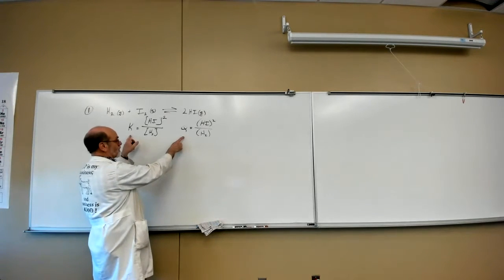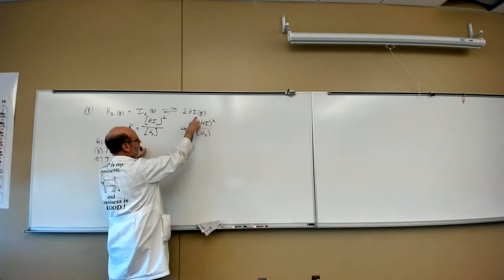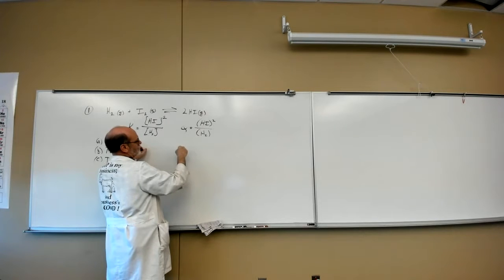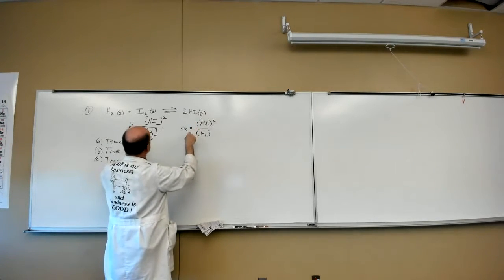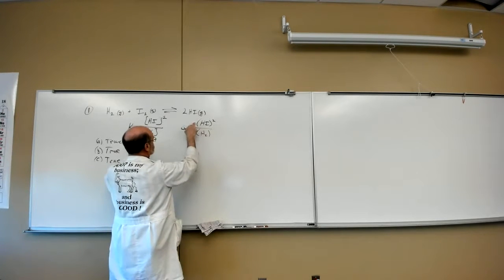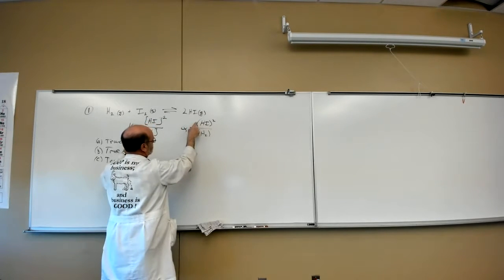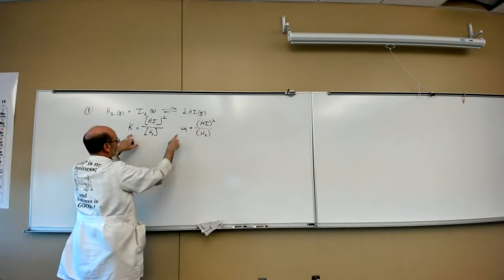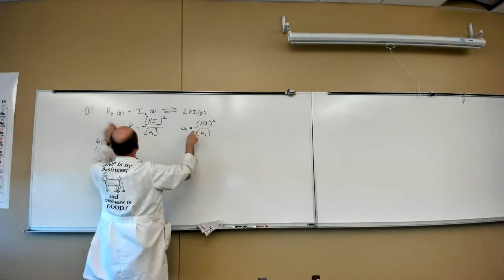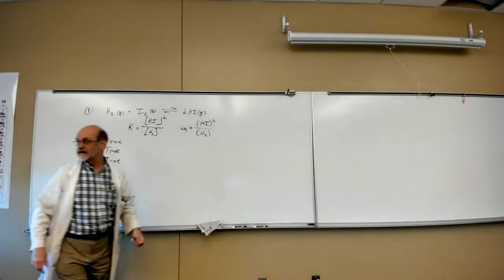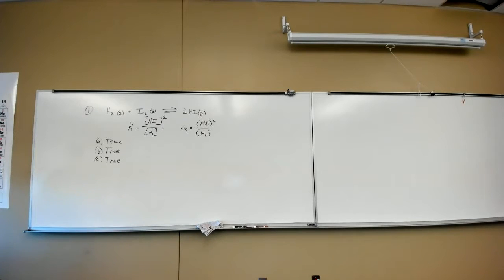If Q is larger than K, that means this is favored, so it's going to go back this way because you've increased that amount. But if Q is less than K, that means you have more of this, and it's going to go to the right. That's important to know when you try to do equilibrium calculations.